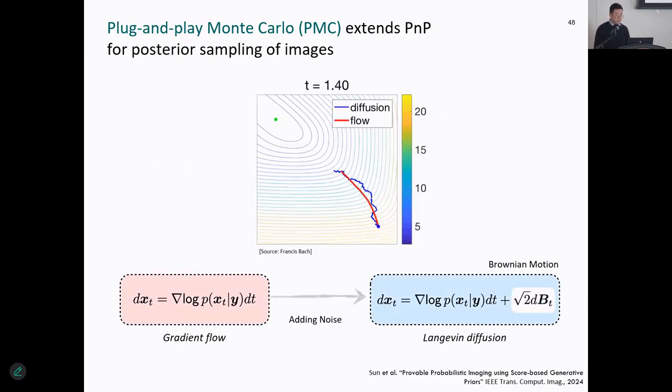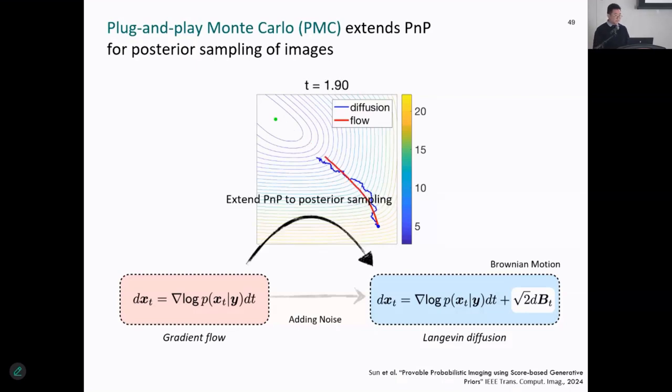For those who are not familiar with Langevin diffusion, here's an animation that visually compares the gradient flow and the Langevin diffusion. The blue curve denotes the Langevin diffusion, the red denotes the gradient flow. As you can see, the gradient flow is deterministic, so by solving it you can only get a maximum. But Langevin diffusion is able to wander around in this distribution and do sampling.